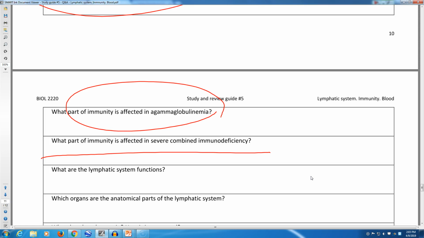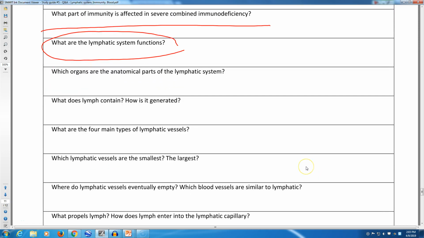Lymphatic system draining. Okay. Anatomical parts. So we have the capillaries, collecting vessels, ducts and trunks. That's basically here. Four main types of lymphatic vessels.